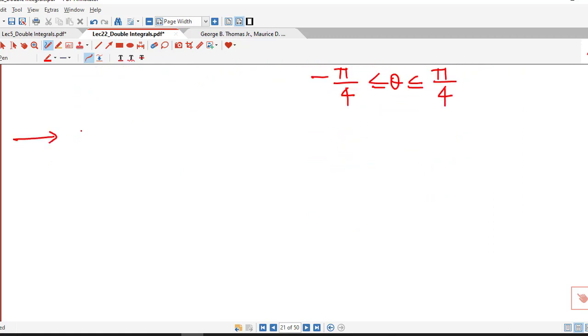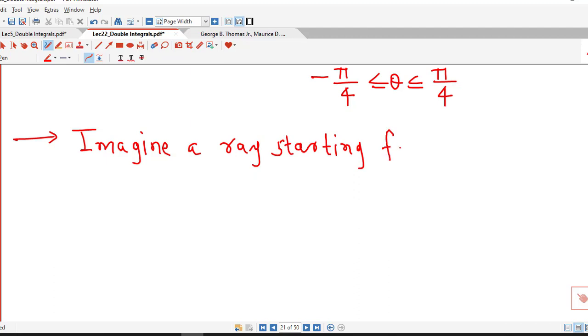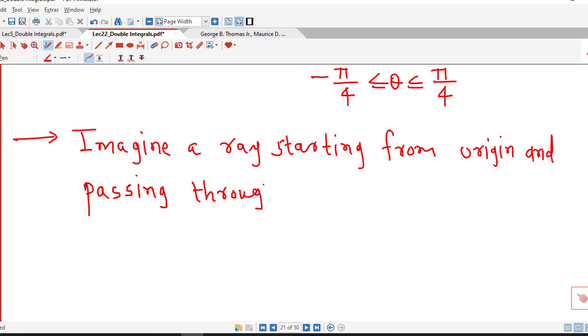So now we mention all these things: imagine a ray starting from origin and passing through region R, and we have obtained the limits of integration for r and theta.